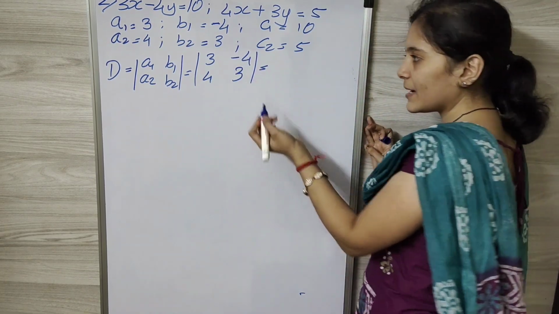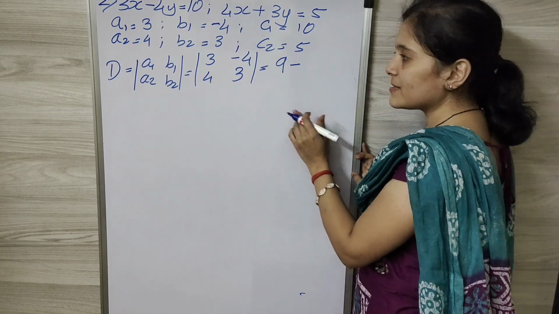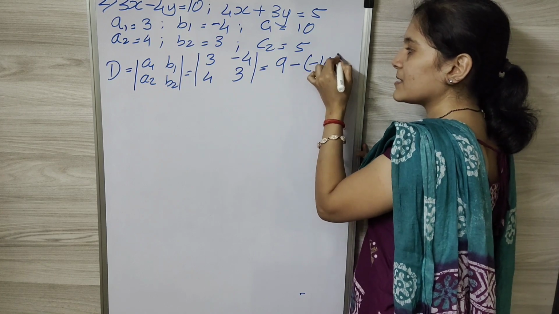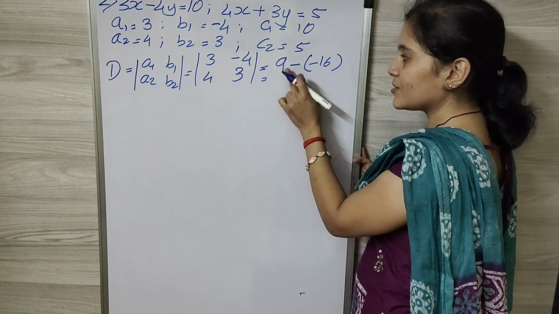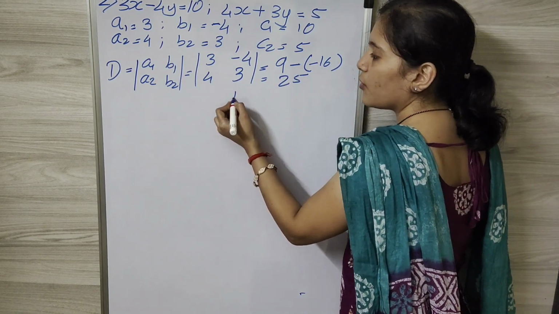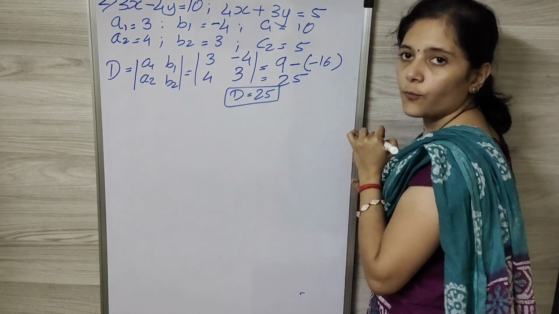Again, cross multiplication. 3 3s are 9, middle term minus 4, minus 4 into 4 becomes minus 16. Now, minus minus becomes plus. So, 9 plus 16, that is 25. The value of d is 25.